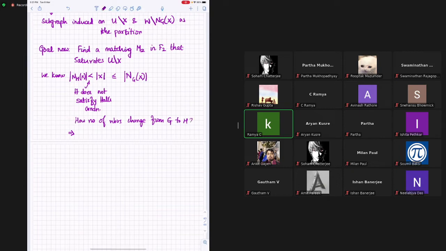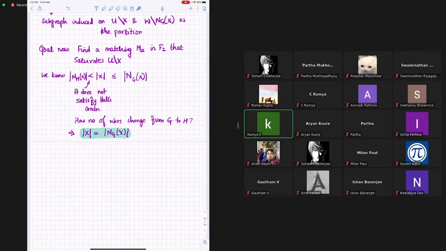Just by looking at how the number of neighbors changed, you can argue that the cardinality of X should have been equal to the cardinality of the neighbors. Is this clear to everybody? It was initially less than or equal to, and suddenly it became greater than, while we only removed one vertex to go from G to H. So it should have been equal in the first place. That is why this sudden strict inequality came into the picture.